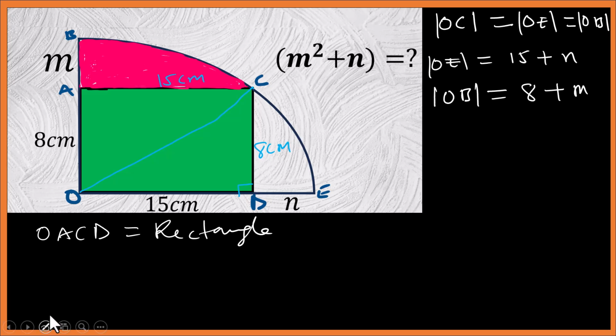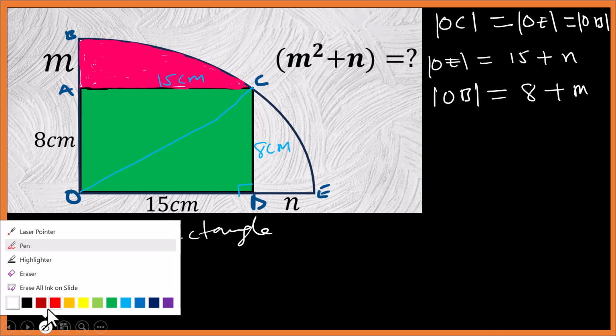Now let's solve for OC. Once we know OC, which is the same as OE and OB, we can find M and N. As simple as that.